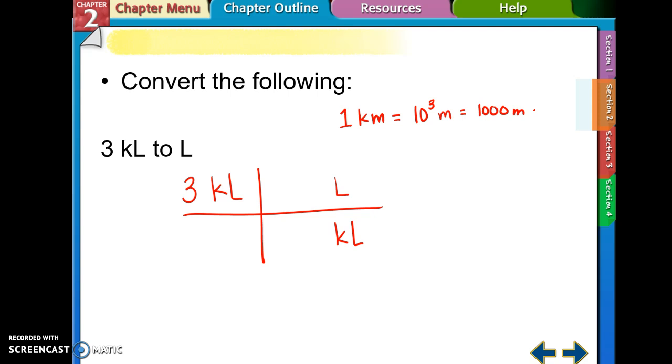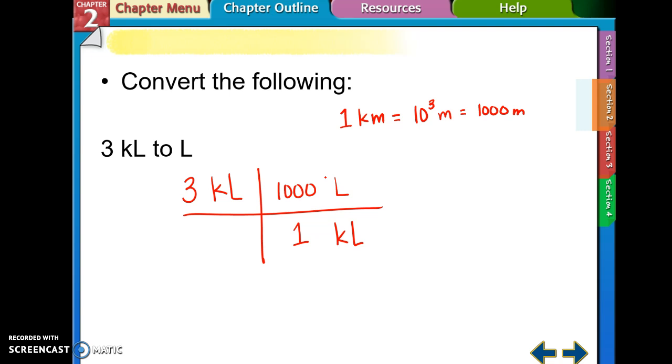So what's going to happen here, this is opposite of the others, is because kilo is bigger, kilo gets the 1, and there's going to be 1,000 liters in 1 kiloliter. So I have to pay attention to my units and then choose the numbers with the units.